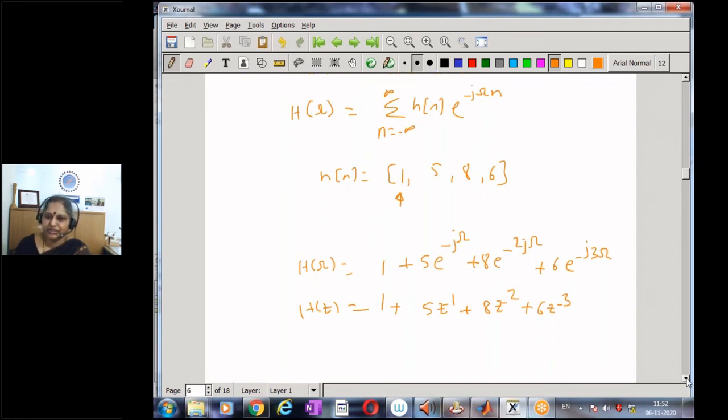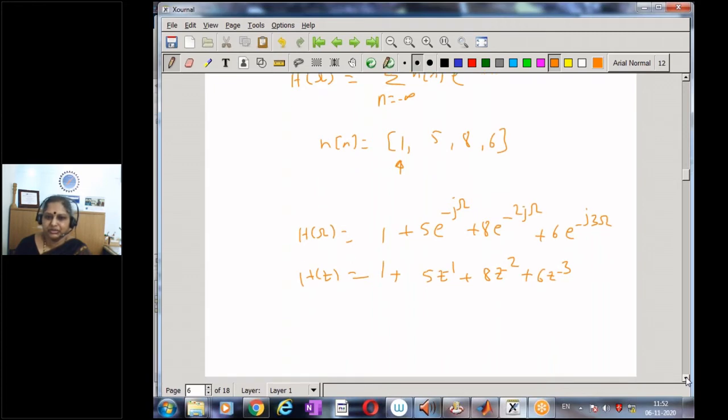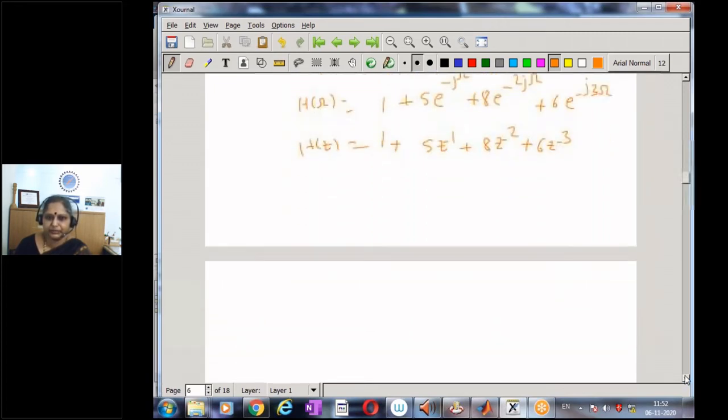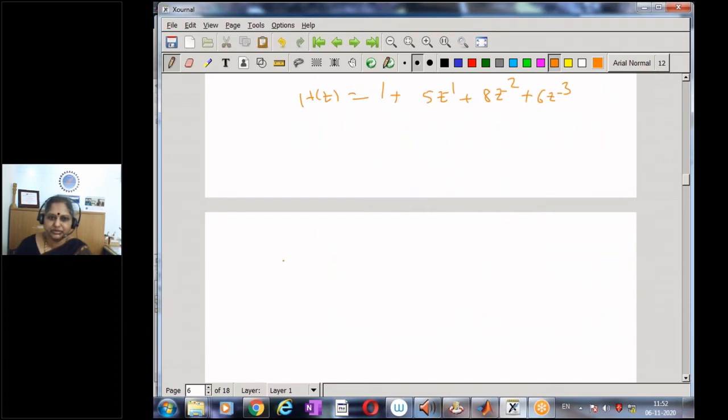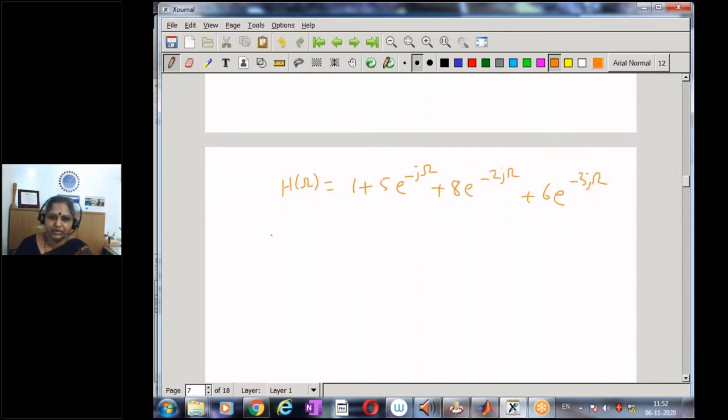Now let us see what this H of omega looks like. Let's try to plot the result. For convenience, let me put it down again: 1 plus 5 e power minus j omega plus 8 e power minus 2j omega plus 6 e power minus 3j omega. What I could do is vary my omega for different values, say 0, pi by 2, pi, and so on, and then compute H of omega.